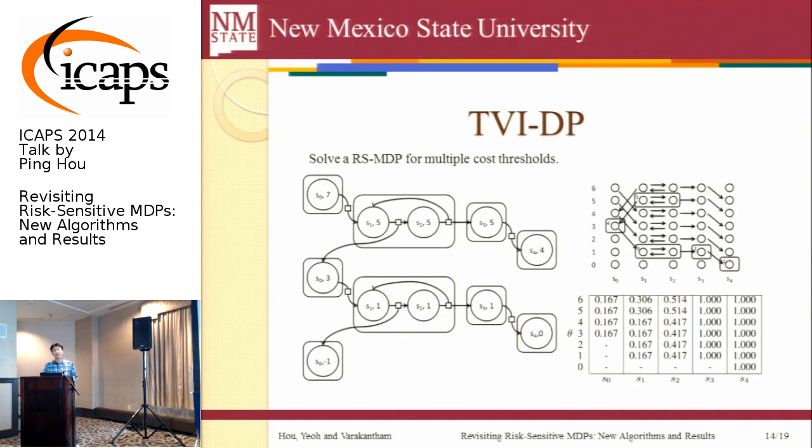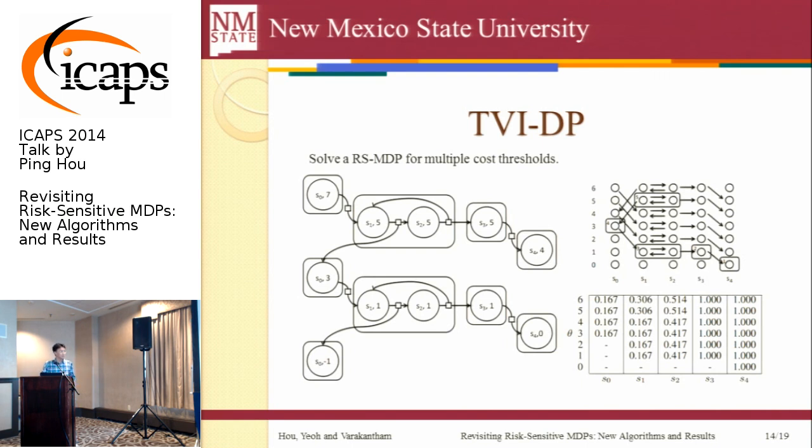TVI-DFS extends the SCC tree starting from the initial state, but TIDP extends the SCC tree from the goal state. You can see here that the numbers are different. And the second difference is that all the augmented states which are not in the SCC tree will have exactly the same reachable probability as the augmented state with the same original state but with a smaller cost threshold.